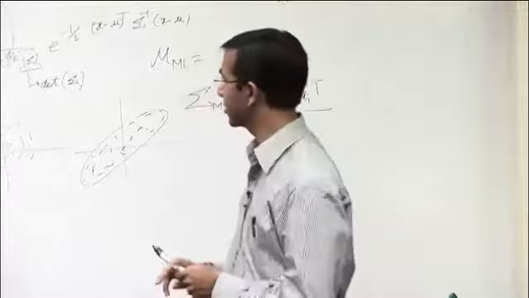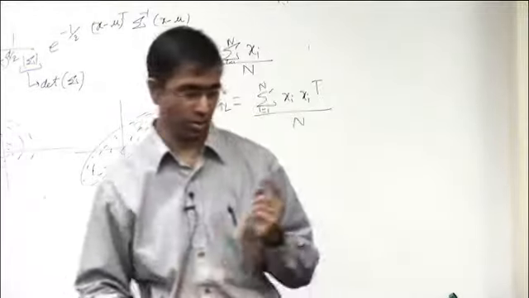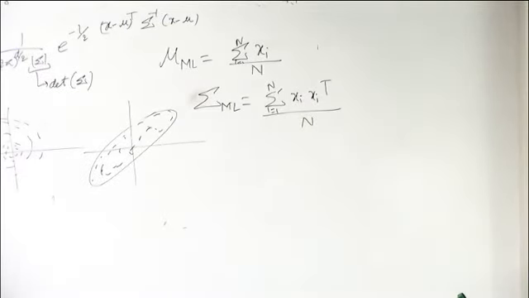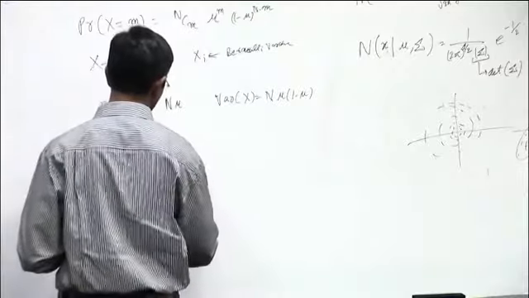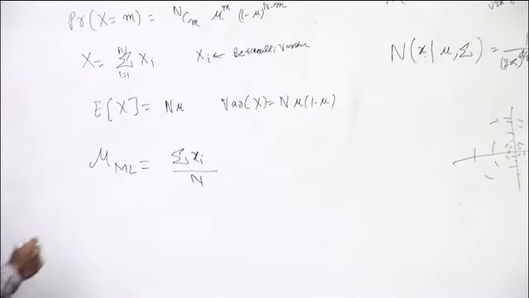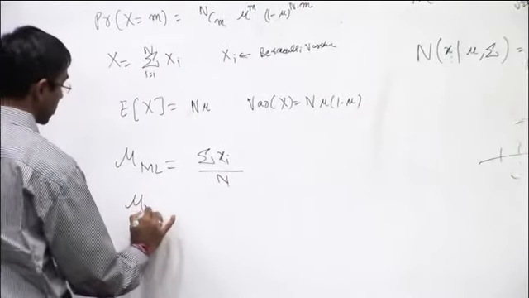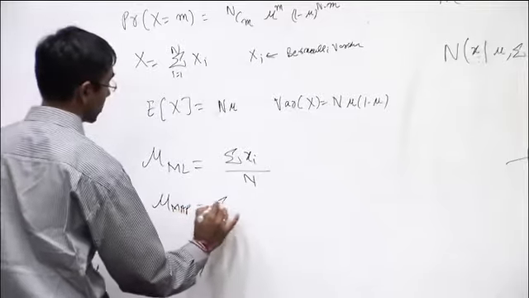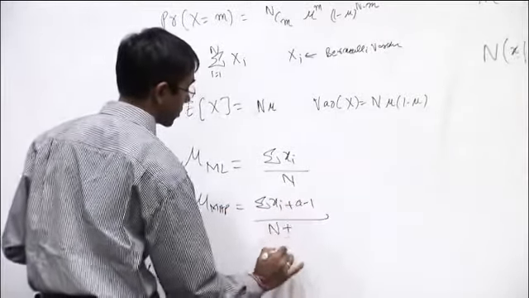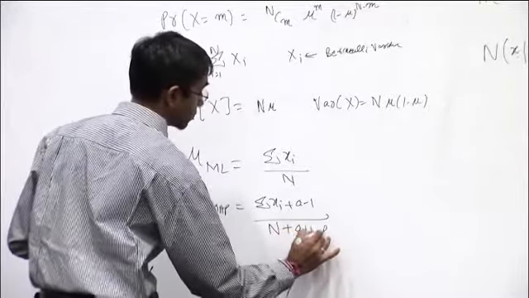Actually, I forgot about one last thing. We'll have to go a little bit back to the binomial distribution. In the binomial distribution, your maximum likelihood estimate was essentially summation xi by n, whereas your MAP solution was summation xi plus a minus 1 by n plus a plus b minus 2.